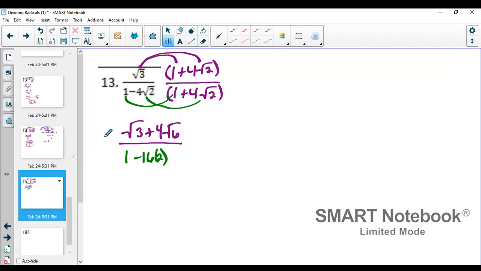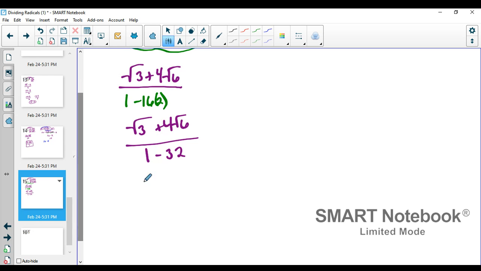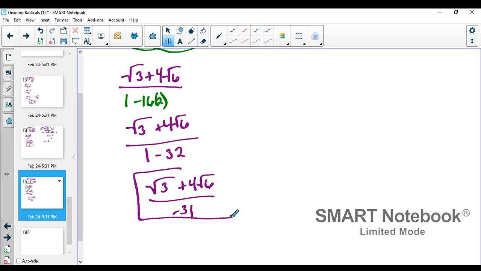So the numerator, we can't simplify any further. We have the square root of 3 plus 4 square root of 6. But this simplifies to 1 minus 32. And one step further, 1 minus 32 is negative 31. So we have the square root of 3 plus 4 square root of 6 over negative 31. And this is our final answer.